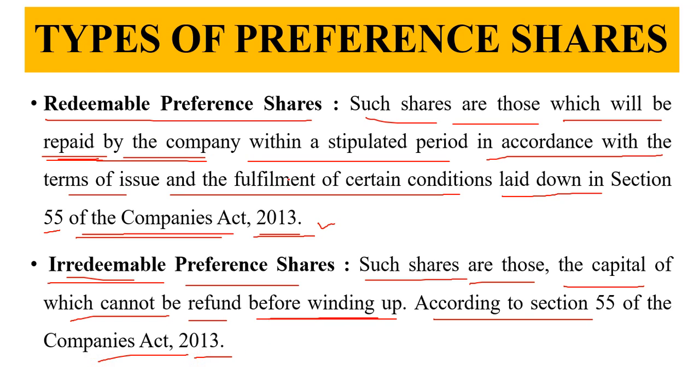Redeemable preference shares can get their capital back from the company if they fulfill the conditions laid down in section 55, but irredeemable preference shares do not get the refund of capital before winding up of the company.